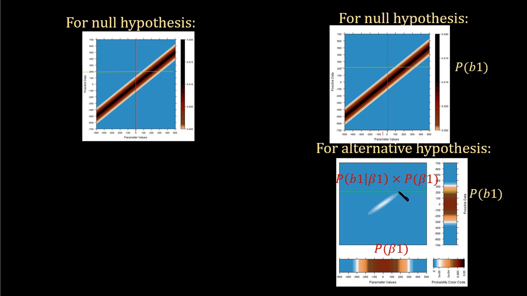And the green line here shows the B1 that we obtained in our study, and what we have to do is to add all these values here, and that will give us a value there, which is the sum of all these, but it's actually an integration rather than a sum.